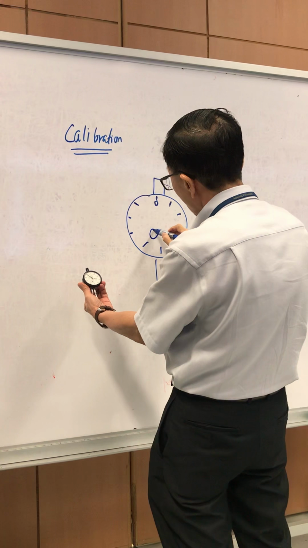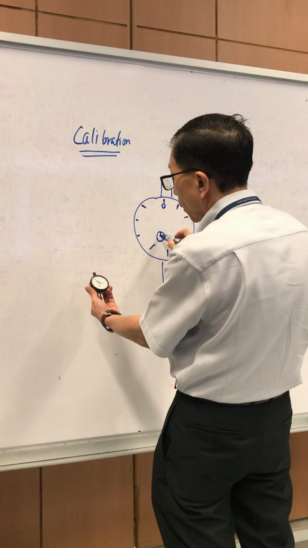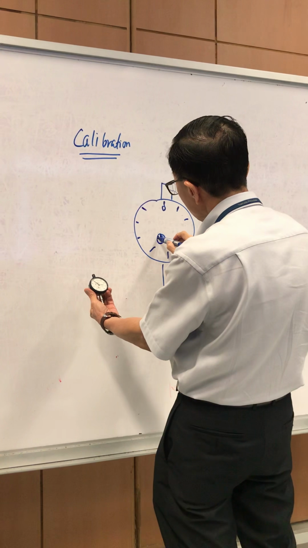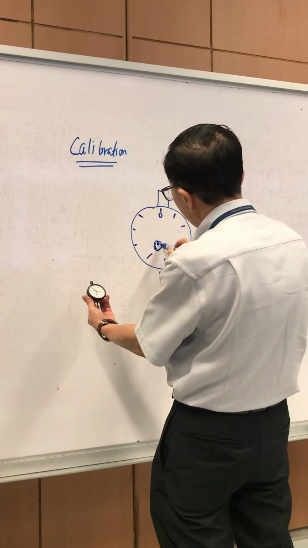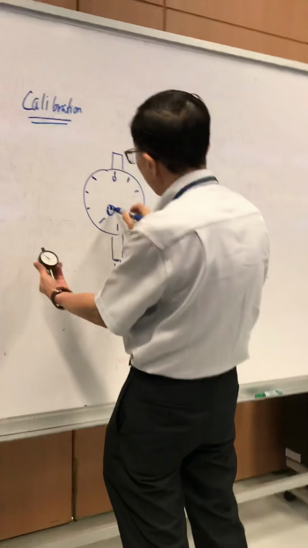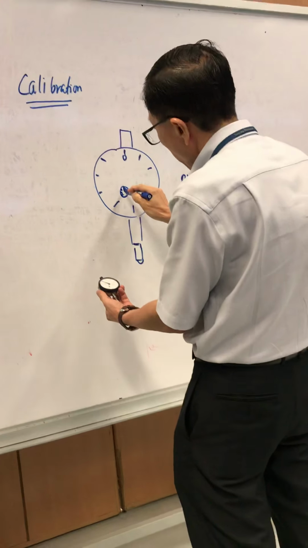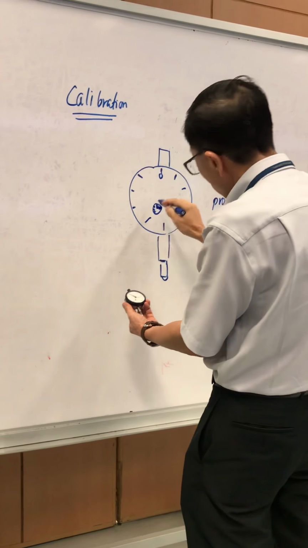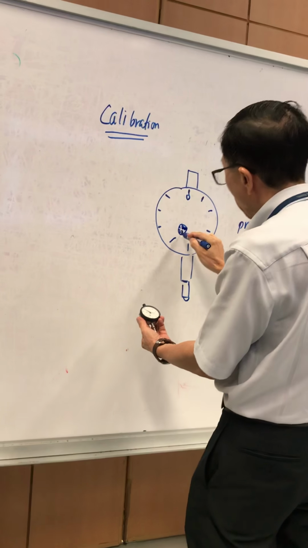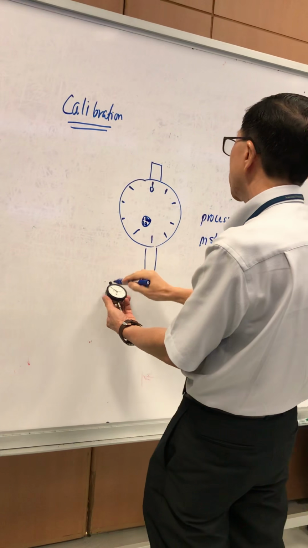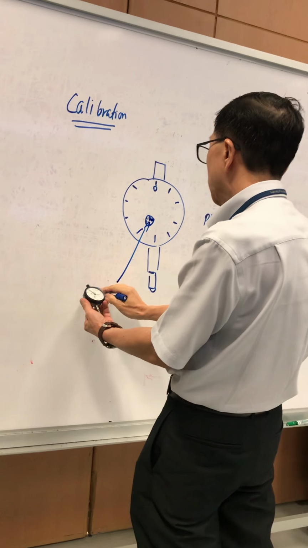It is 0 first, then 1, 2, and so on up to 10 mm. One round, of course, 10 mm. So when you go one round, this one will go 1. Second round will be 2. Any question? There's a counter here, a millimeter counter.